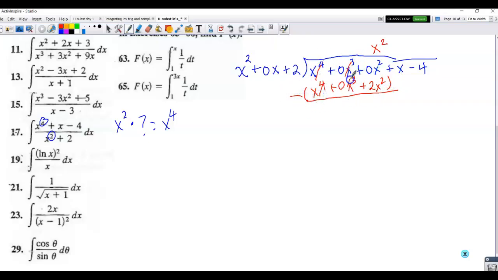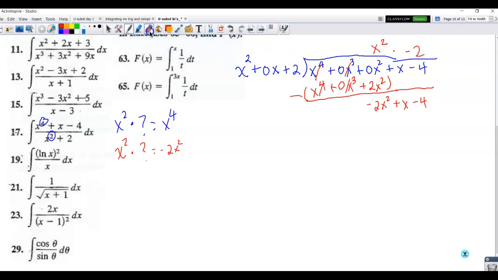Out, out, out, and that'll give me minus 2x squared, bring down plus x, and since this is a trinomial, I'm going to go ahead and bring down the minus 4, because I will ask myself x squared multiplied by what is equal to negative 2x squared, and that is negative 2, so minus 2.